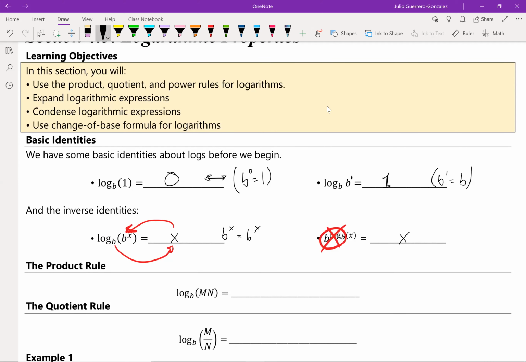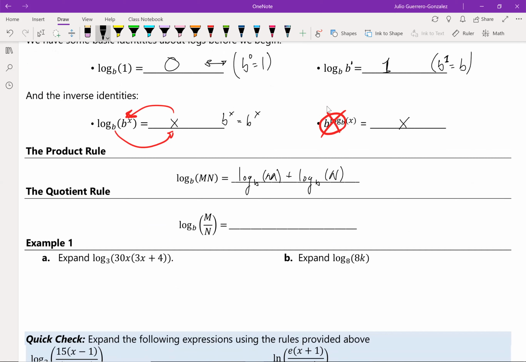Okay. Next one is when you have a product of things. When you have a product of things, then you can split them up like so. So all that means is whatever's in the parentheses, you can separate them in addition.